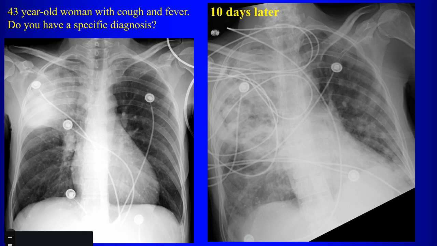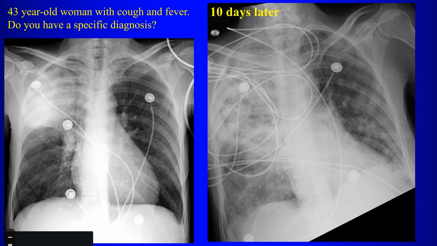Ten days later, is it better or worse? Well, what do we see 10 days later? Spread to the left as well. So we have multiple consolidations now, not just there, but it seems to affect the lungs now bilaterally. That consolidation started where? Right upper lobe. Do you have anything to say about that consolidation 10 days later?